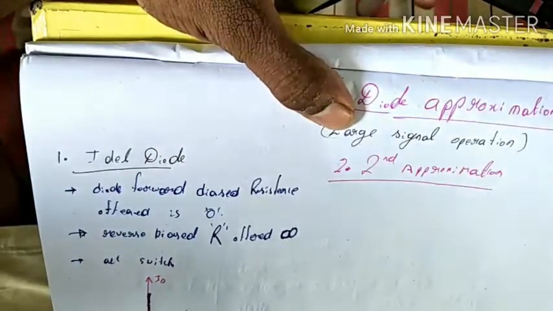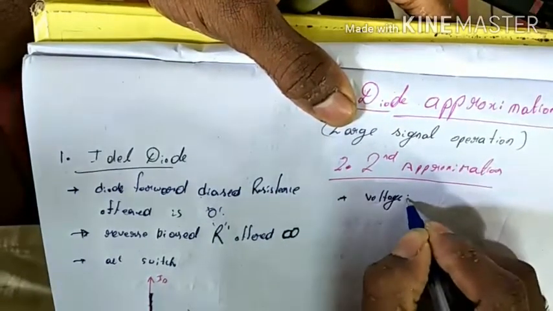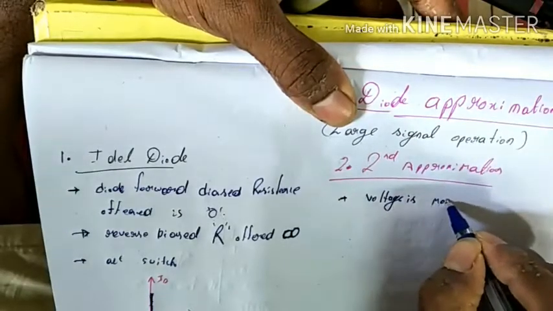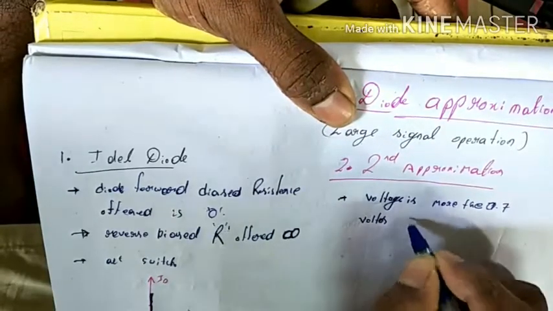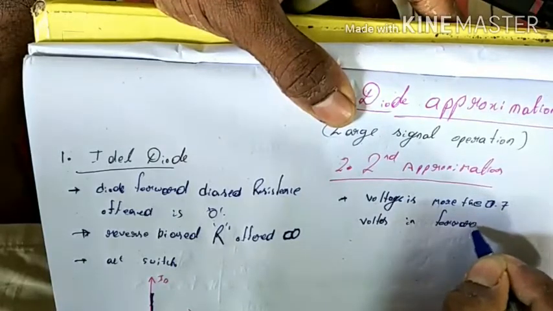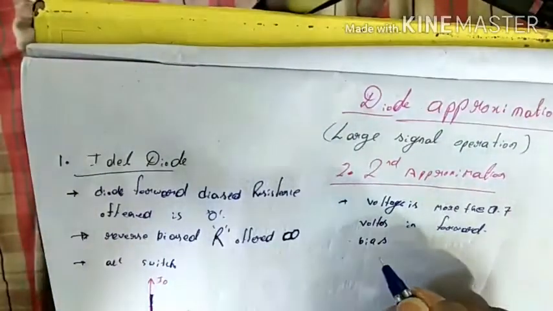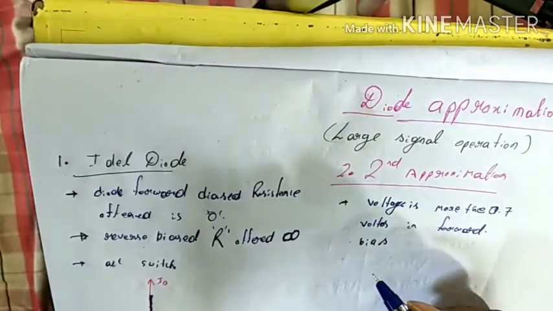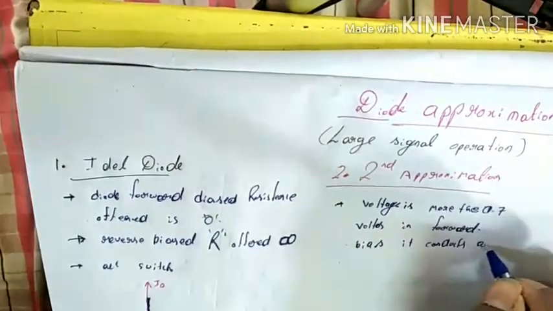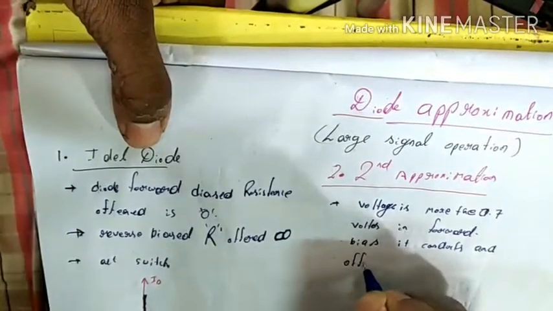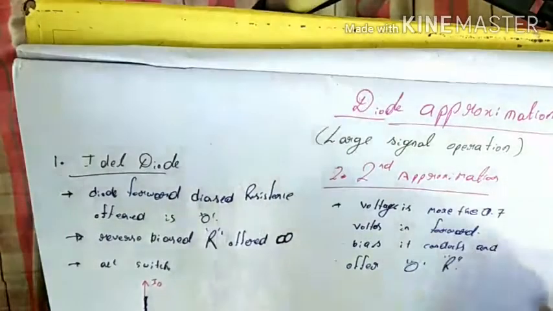Here the thing is that when the voltage is more than 0.7 volts in forward bias, it connects and offers 0 resistance. It conducts and offers 0 resistance.